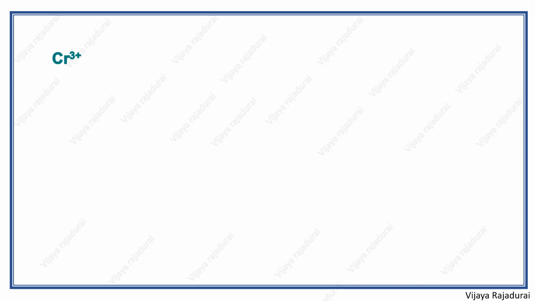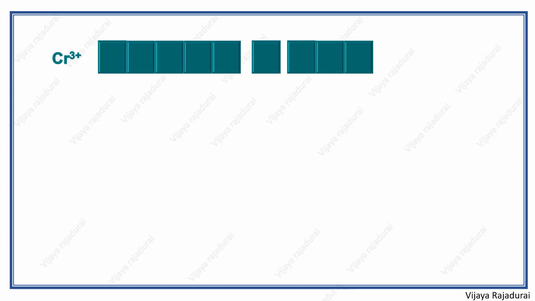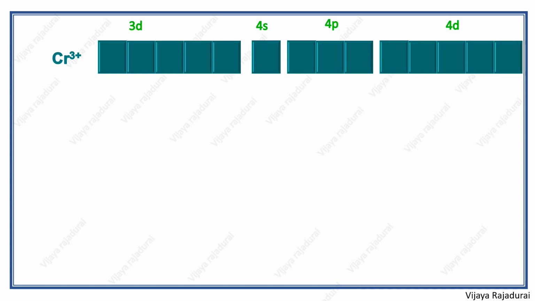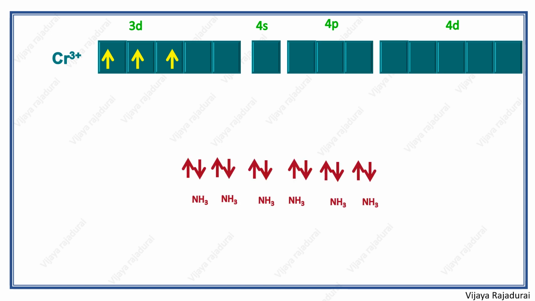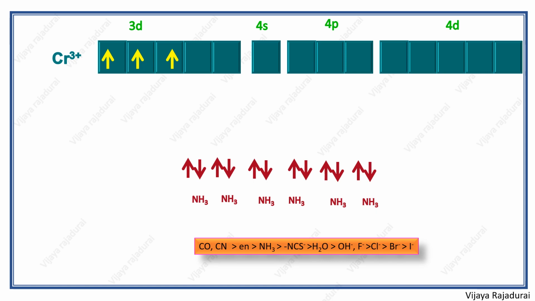In this chromium complex, chromium has these valence orbitals: 3d, 4s, 4p and 4d. 3 electrons are filled in the 3d orbitals. In this complex, 6 ammonia ligands are present. These ammonia ligands are strong ligands, so it needs 6 vacant orbitals to form 6 coordinate bonds. Chromium(3+) is the central metal ion.